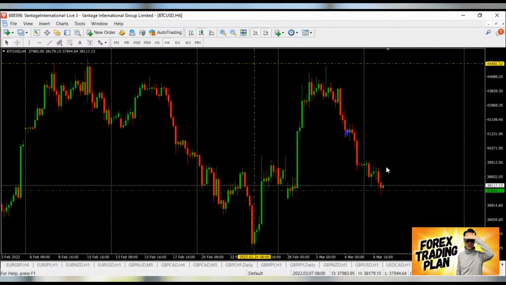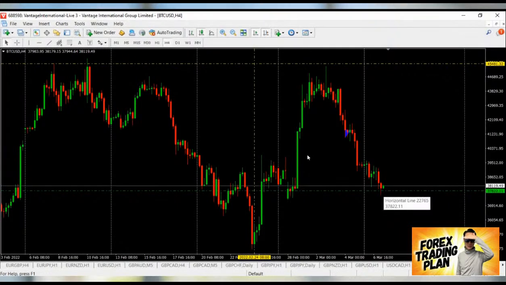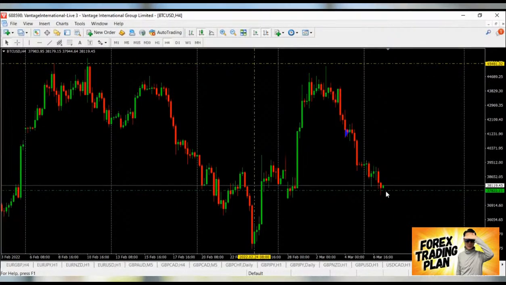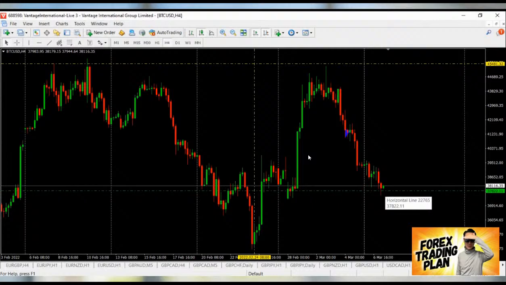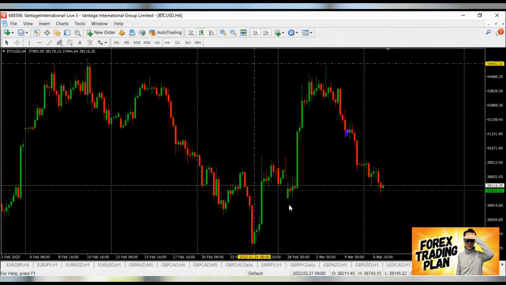Riano, I know you have been selling from 42, and I'm not sure where you stopped. This is the point where it actually started forming a higher support to go for a buy.